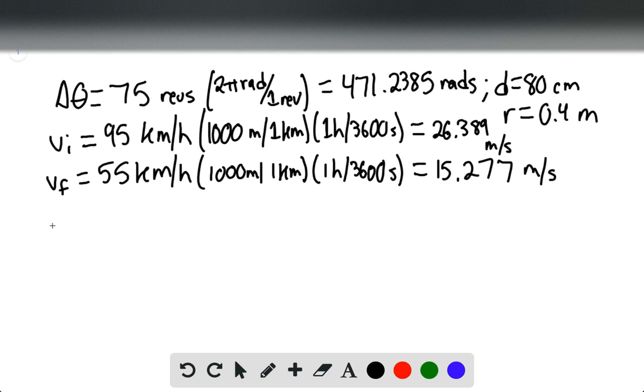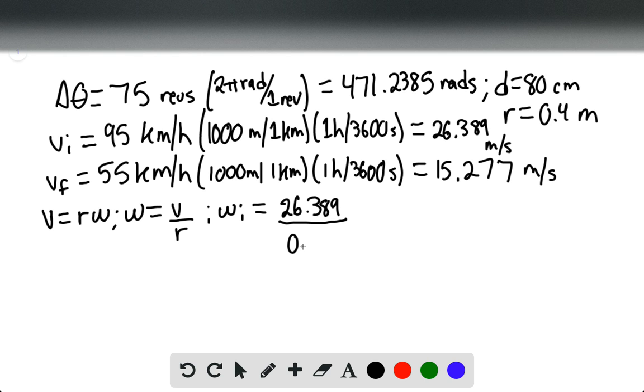So we're going to say that v equals r omega. So to find omega, we need to say v over r. So when we do omega initial, we should do 26.389 divided by 0.4, and this is going to give us 65.97 radians per second.